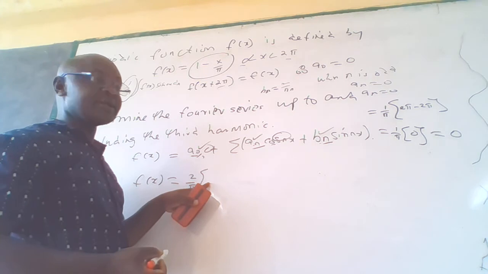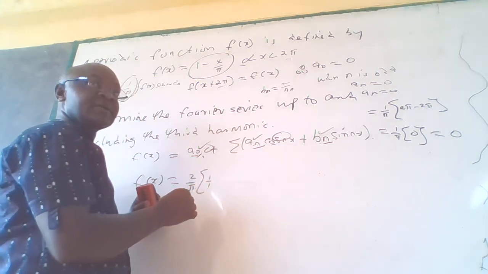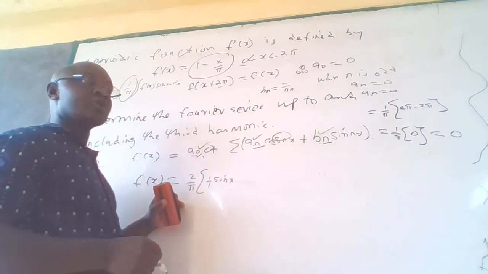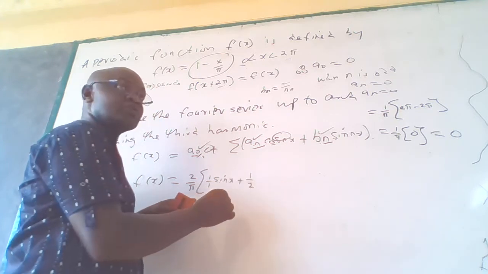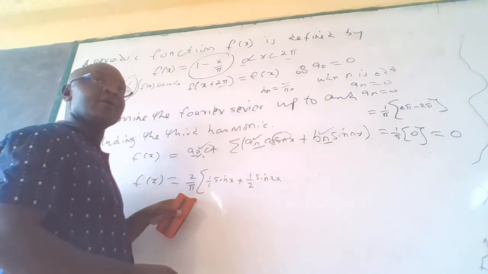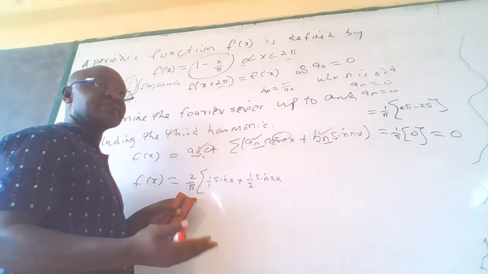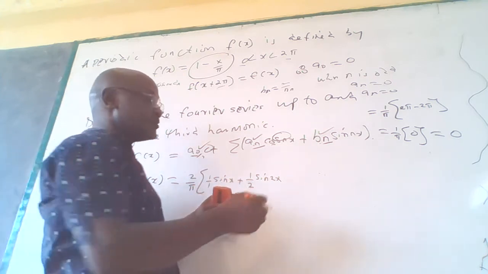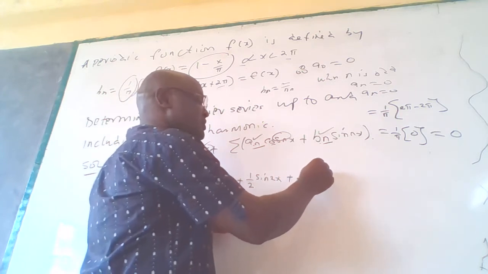When n is 1, we shall have 1 over 1, then it will be sine x. When n is 2, we shall have plus 1 over 2 sine 2x. When n is 3, because remember the series exists both at even and odd numbers, we shall have 1 over 3 sine 3x.